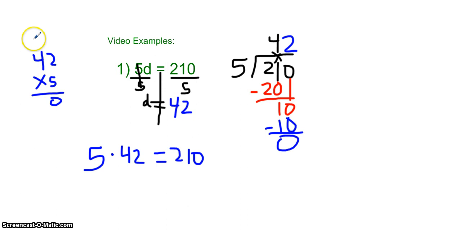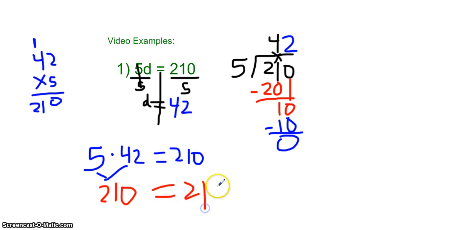Carry the 1. 5 times 4 is 20, and add the 1, 210. Therefore, 210 is equivalent to 210. Yay! Therefore, d must be equivalent to 42.